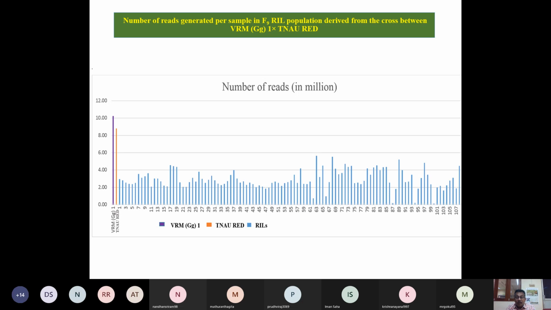It is because first we need to find the polymorphic SNPs, and then those polymorphic SNPs can be targeted in the real population. That is why we did deep sequencing for VRMGG1 and TNAU red, and why you can get this kind of variation.